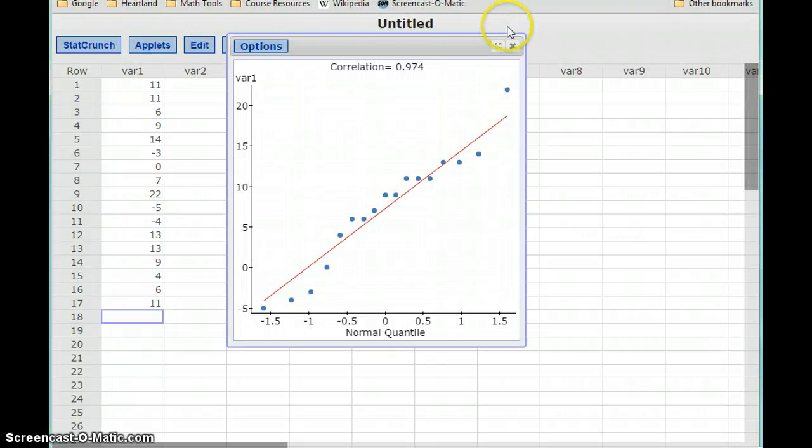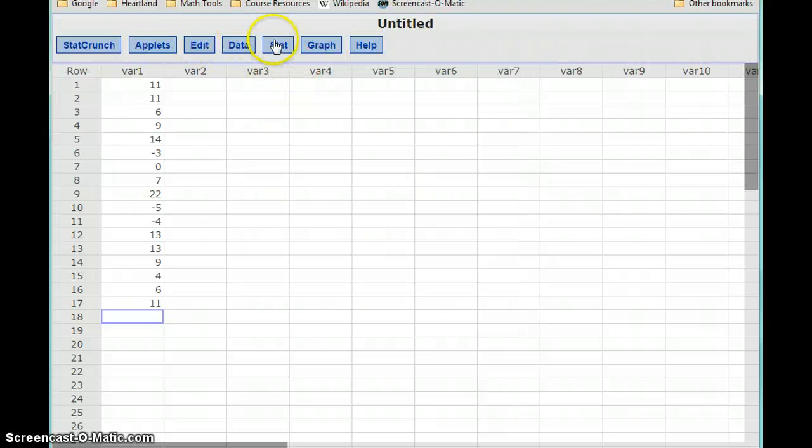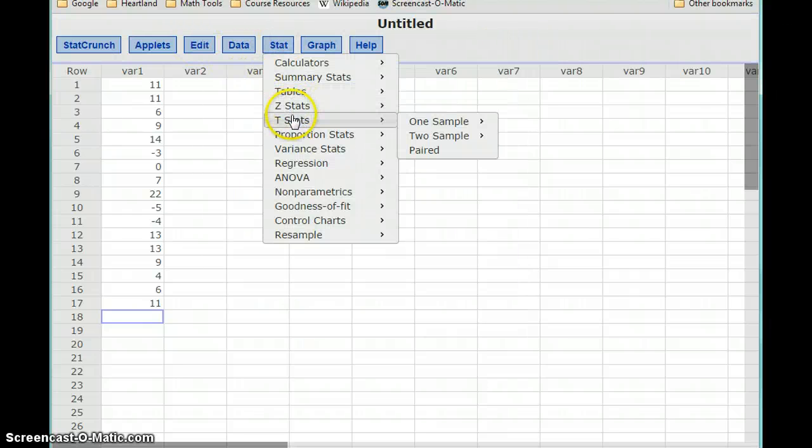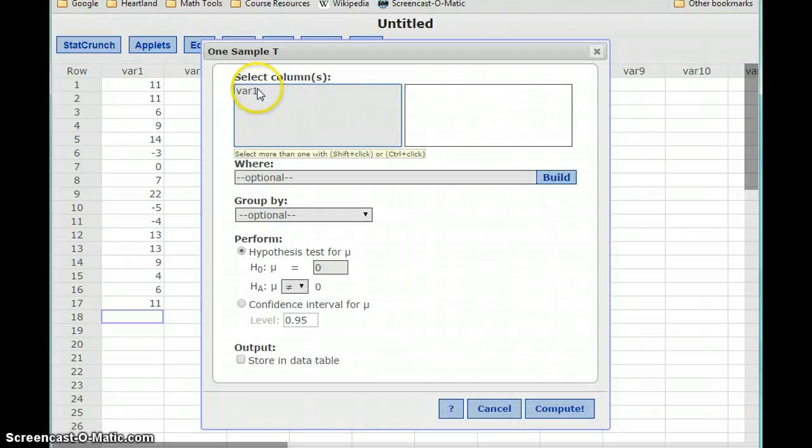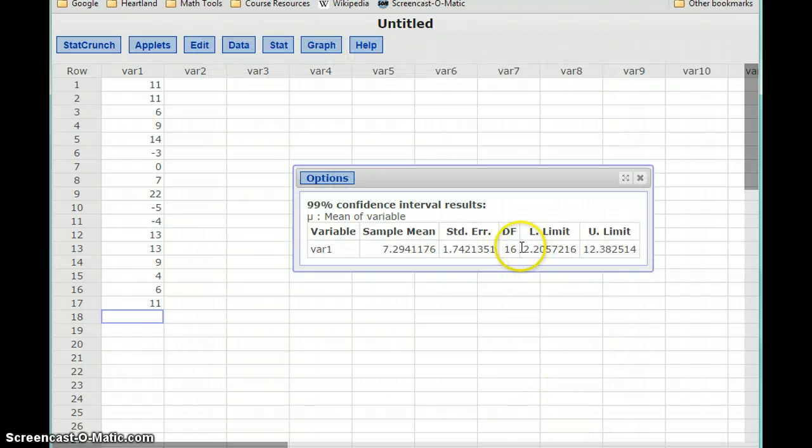So to do that, we'll go back to StatCrunch, and we'll select Stat, T-stats. So again, we're using that T distribution, since our population standard deviation is unknown, one sample, and with data. So we select our variable, and then in this case, we want a 99% confidence interval. And we get our lower limit and our upper limit.